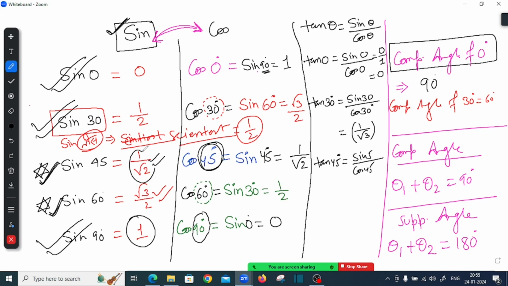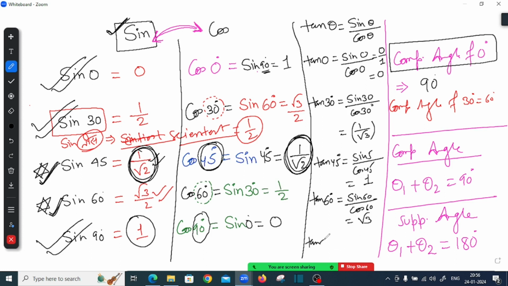Sine 45 and cos 45 are equal, so when you take the ratio, you will get 1. Similarly, we have to find tan 60 degree. It should be sine 60 upon cos 60, and when you put the values, you will get root 3.